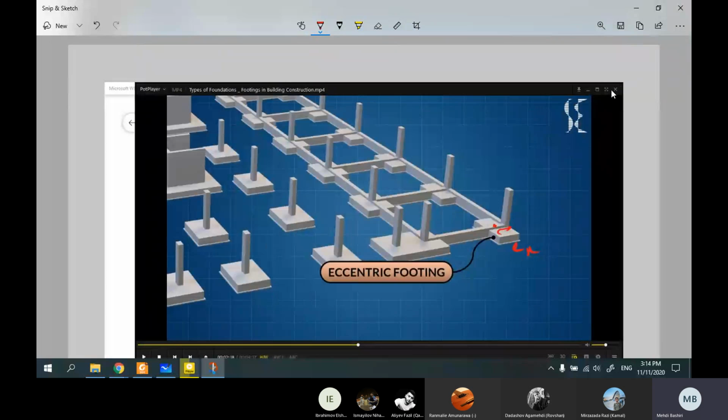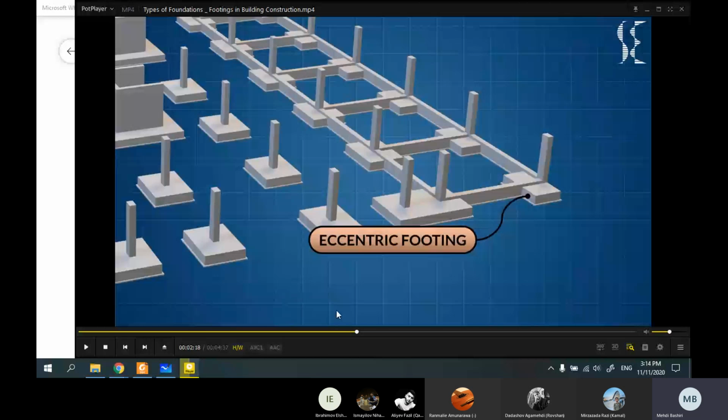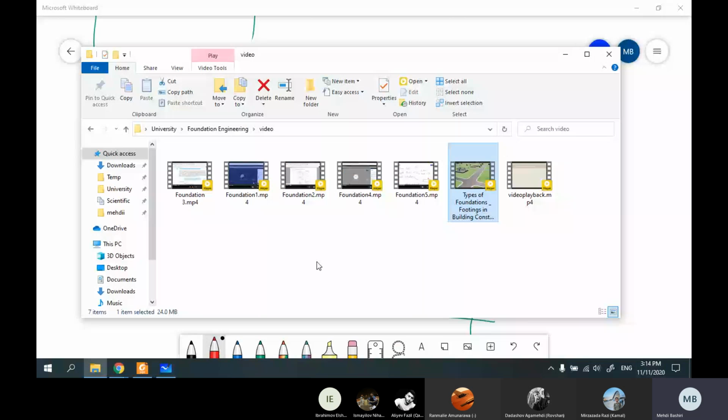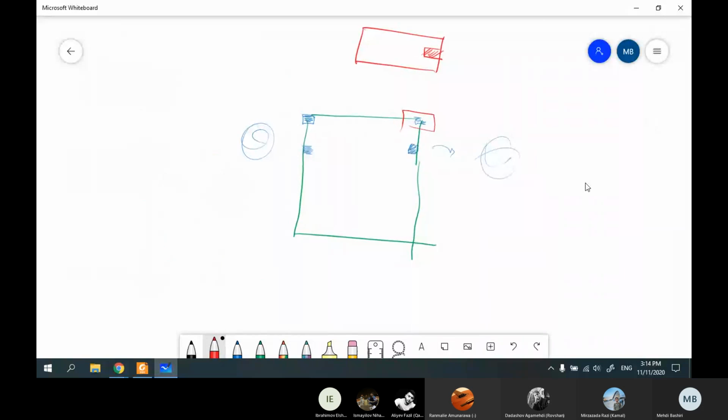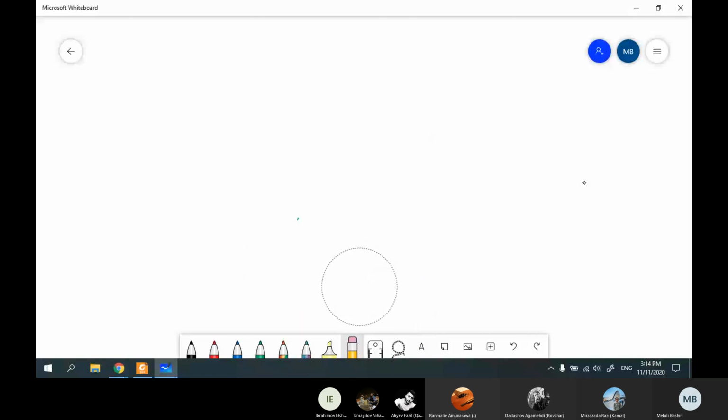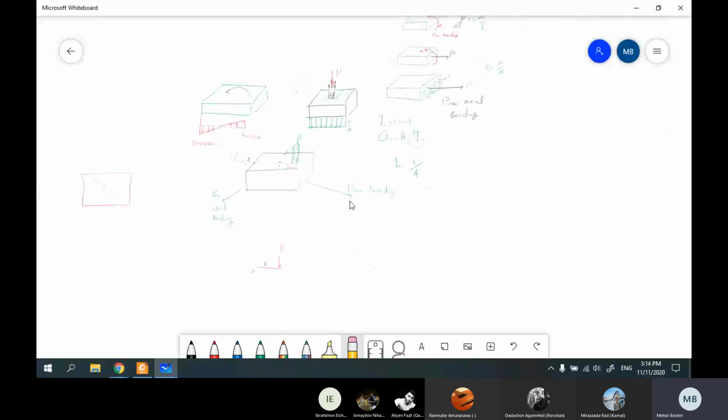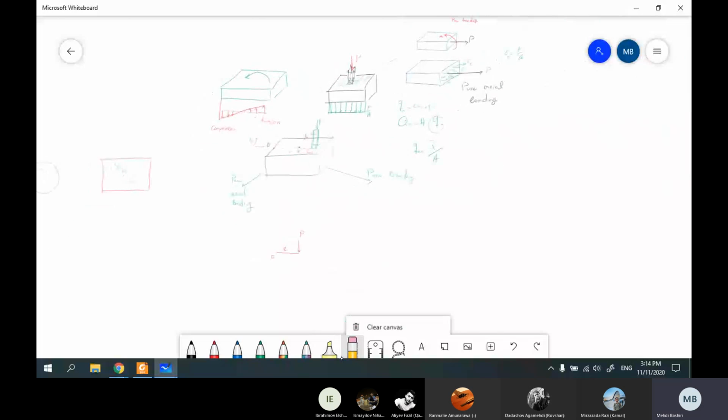Okay, so when you want to design or analyze this type of foundation, it's better to use a simplified method. What is that method? To split it up into two cases.